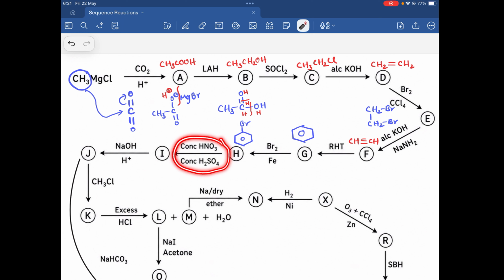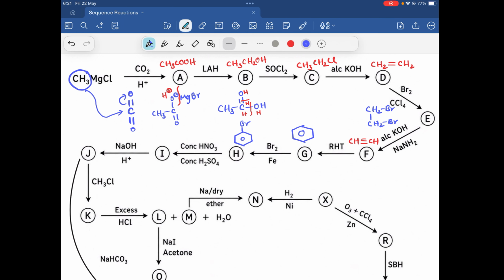Nitrating agents, right? Electrophilic substitution reaction, nitration, and here the electrophile is NO2 plus. And this electrophilic substitution takes place at ortho and para positions, and the major product will substitute at the para position. So our final product, that is the major product, is bromobenzene as it is, but we'll get the NO2 group at the para position.